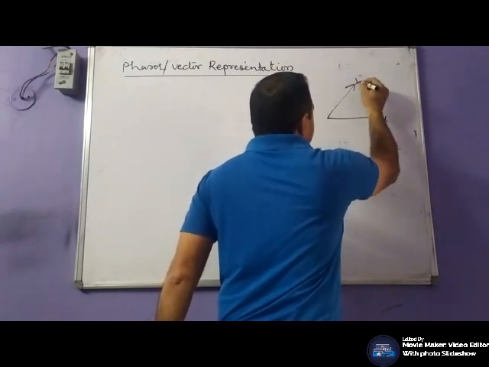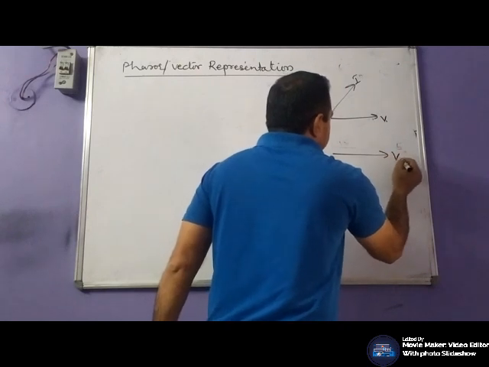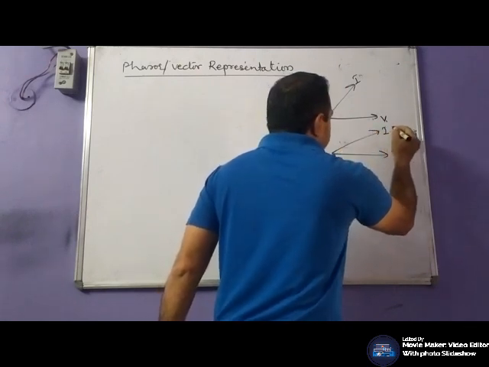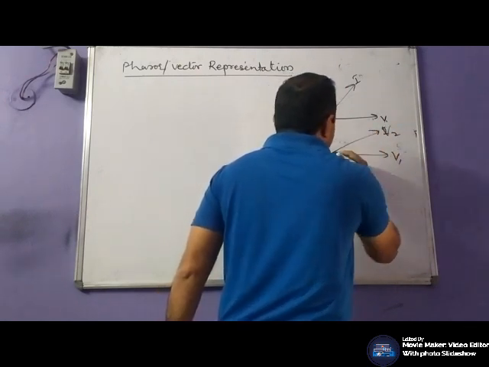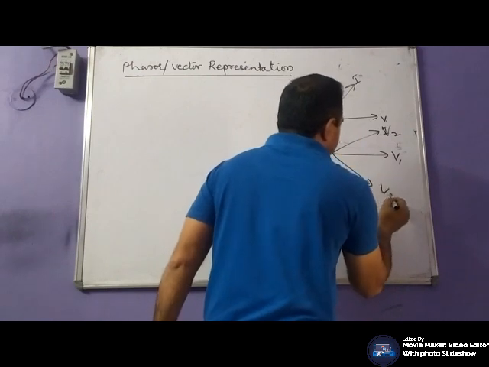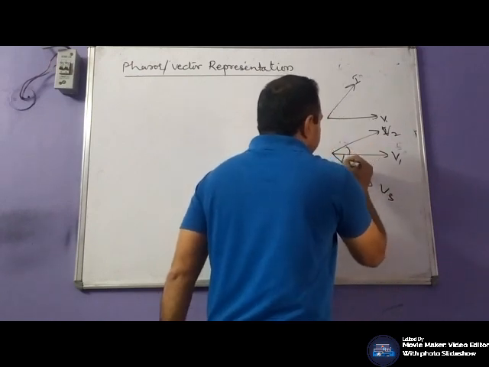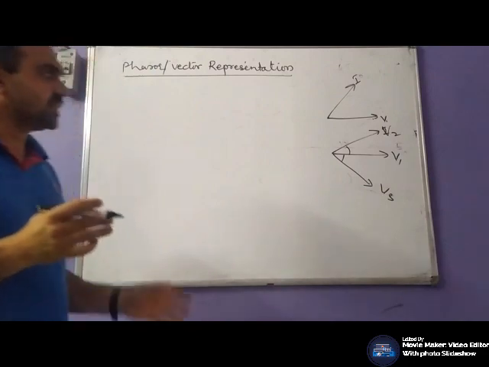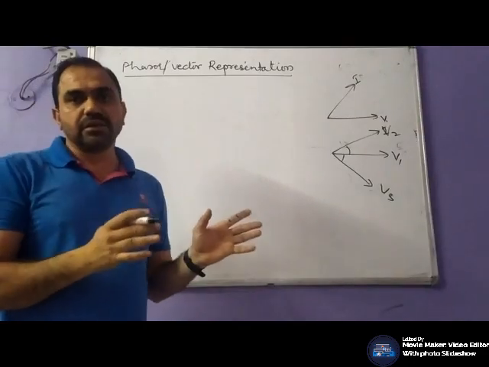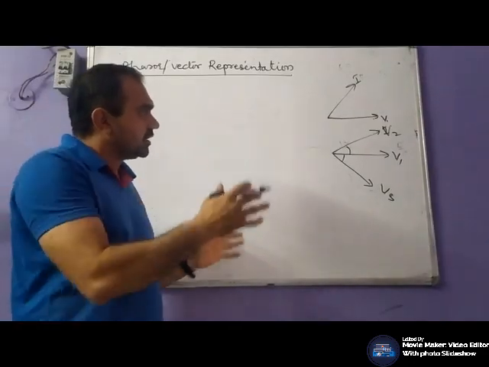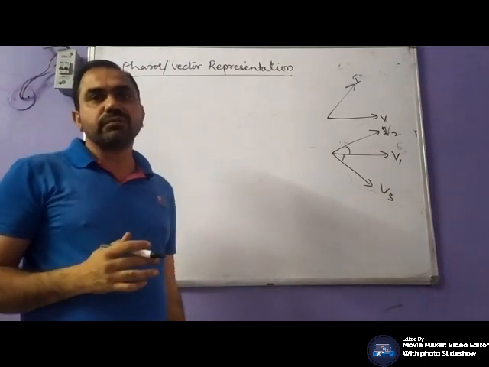This is V, I, V1, I1, or V1, V2, V3, showing some angle in between them to just give the picture, or we can represent them in terms of waves.